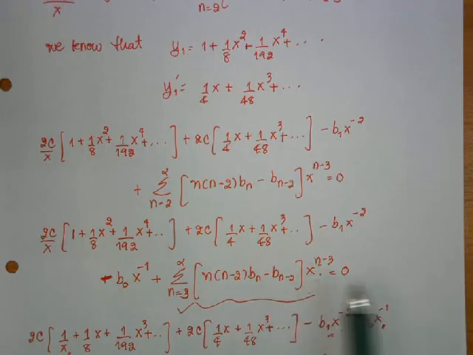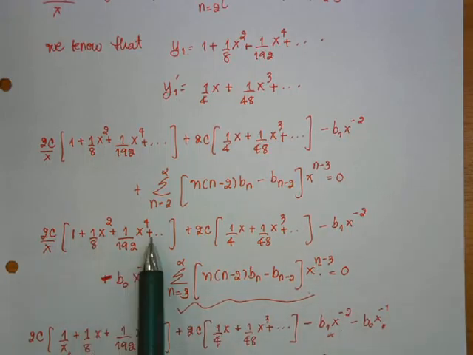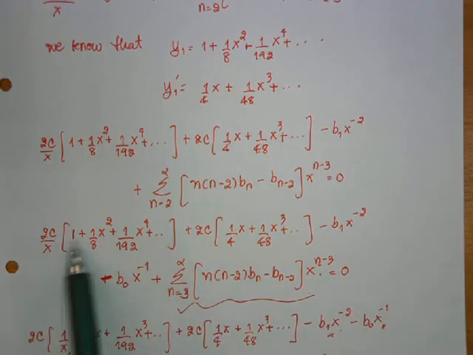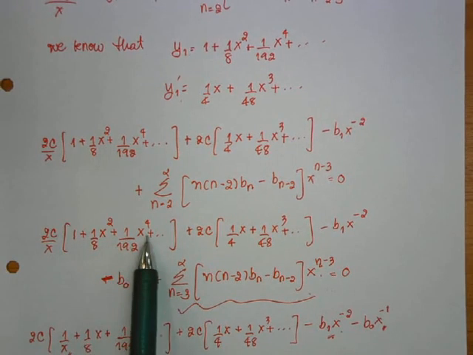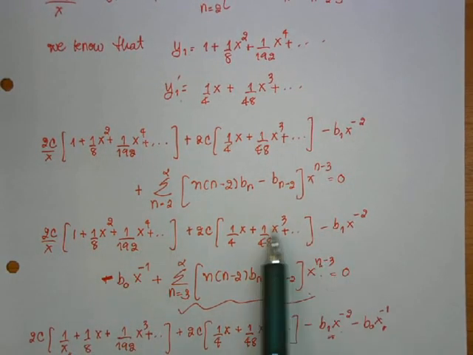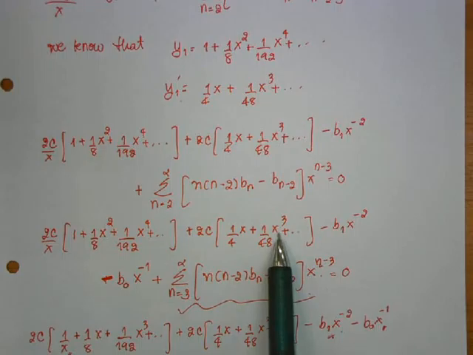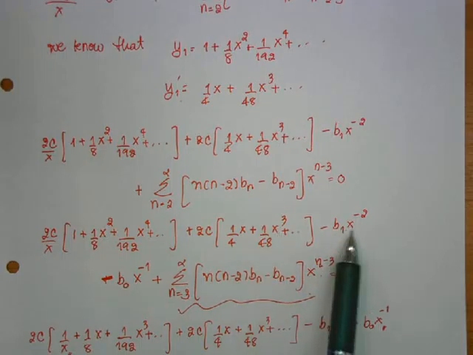You see that you have x to the power 1, you have x to the power 3, this one you have x to the power 3, and this one you have x to the power of minus 2.